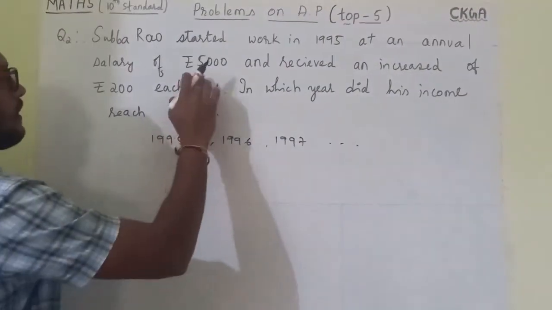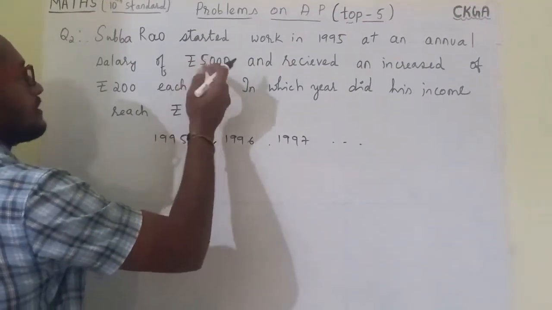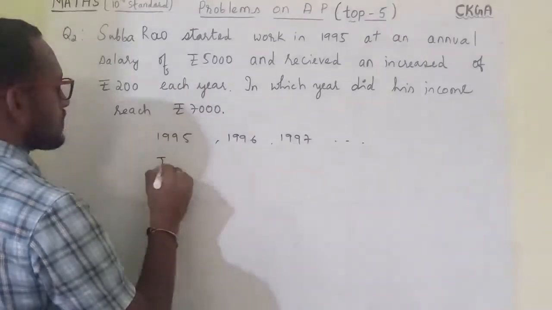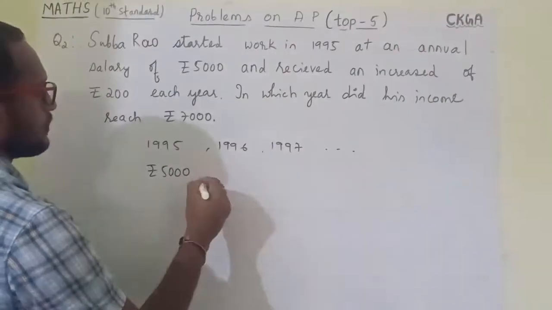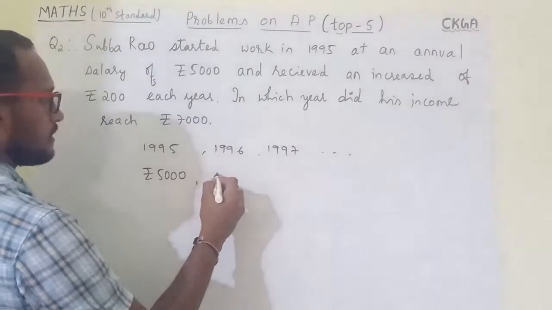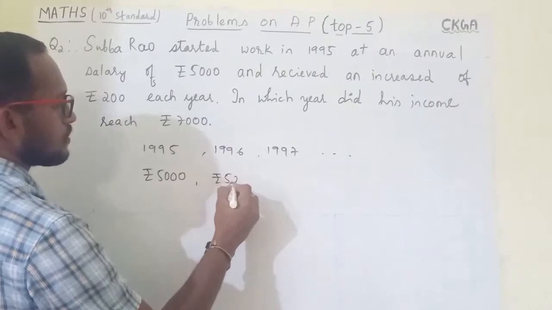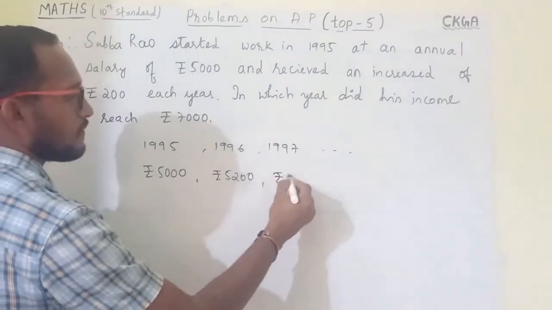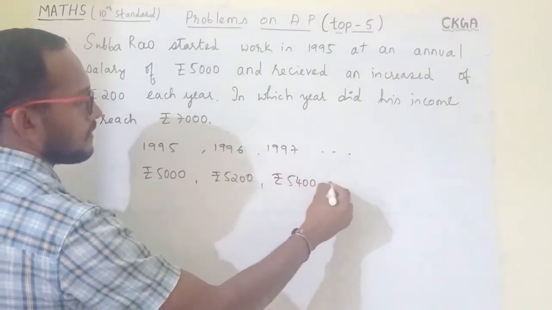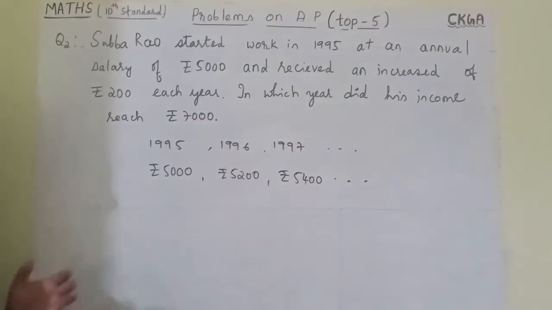The initial annual salary will be rupees 5,000 and the annual increase will be 200. So in 1996 it is rupees 5,200, and in 1997, rupees 5,400.